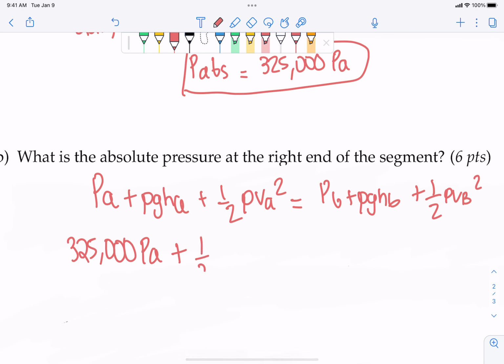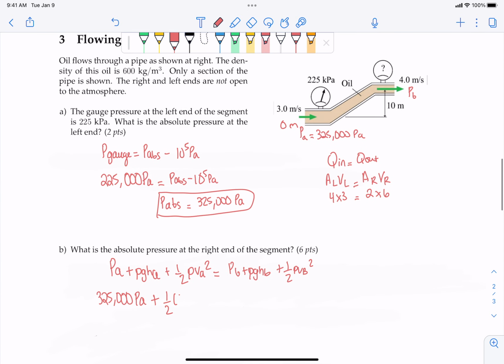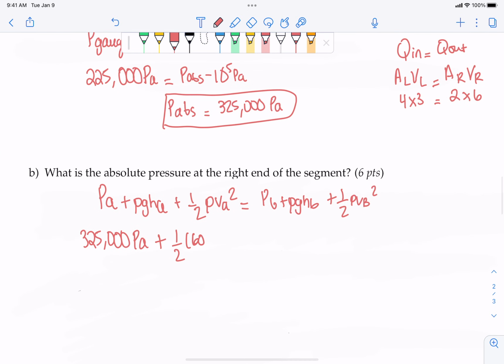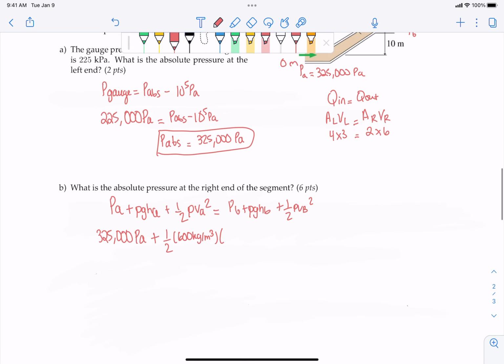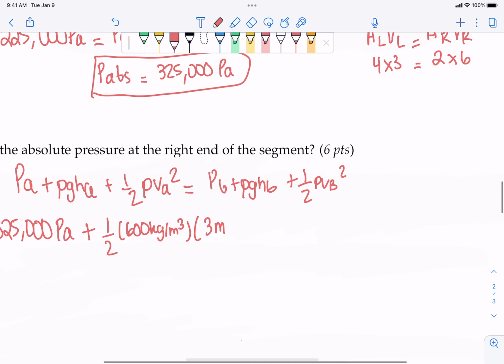So then we're just left with 1/2 times the density of oil, which was 600 kilograms per meter cubed, times our VA squared, which is 3 meters per second. And then PB is unknown.